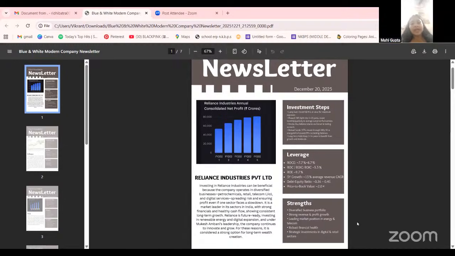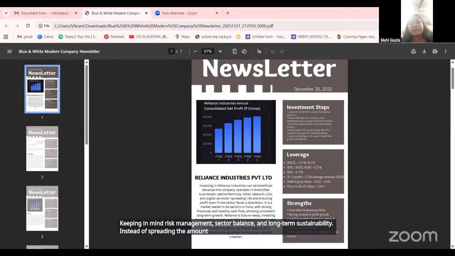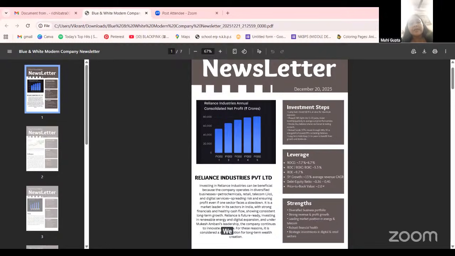Thank you, Riddhi. The purpose of our investment was to allocate 50 lakh rupees in a structured and practical manner, keeping in mind risk management, sector balance, and long term sustainability. Instead of spreading the amount across many companies, we selected five companies that represent different sectors of the economy.